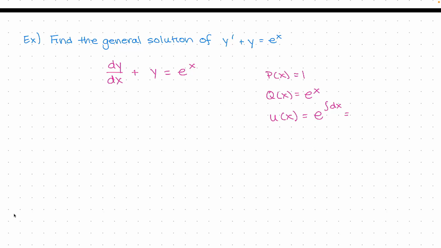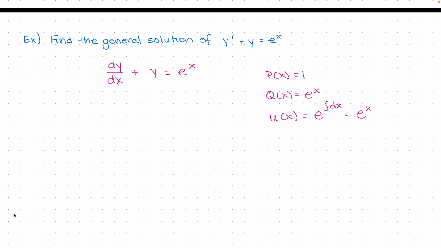Just e to the x. We don't have that absolute value here, so that comment above is irrelevant here. And this one does not become e to the x plus c. Yeah, it's just e to the x.